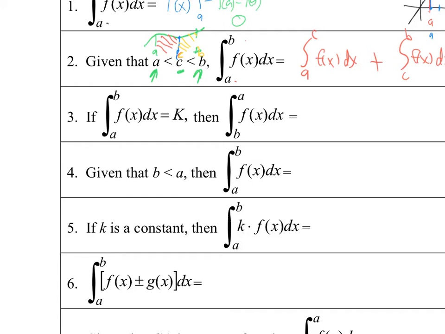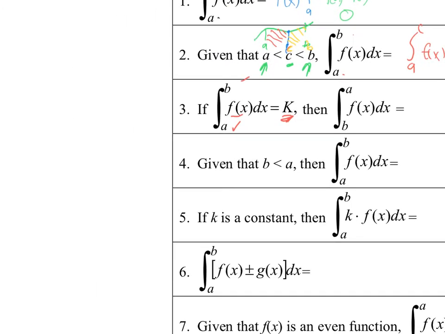Look, if we're going from A to B, and we know that the answer is K. We already know the answer to the integral. That meant this. A to B, area under the curve, is K. So we already calculated it. We already have done the answer. We've already integrated.